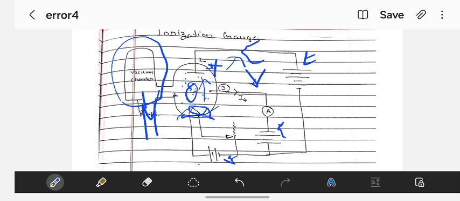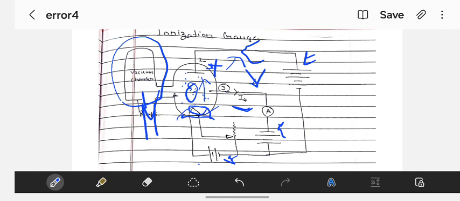So we can see from this circuit that the more I positive current we get, the more the pressure of the gas inside. How? If there is a large number of particles striking, at high pressure, they will be more ionized, and more ionization gives more I positive current.